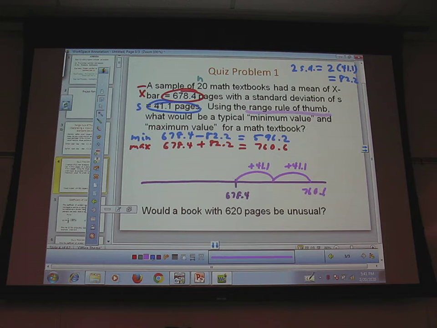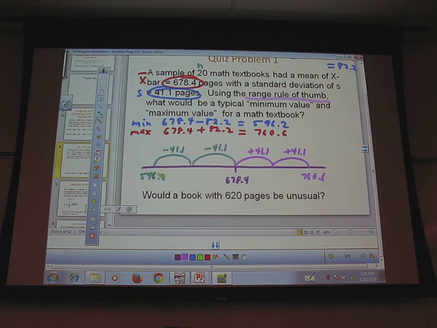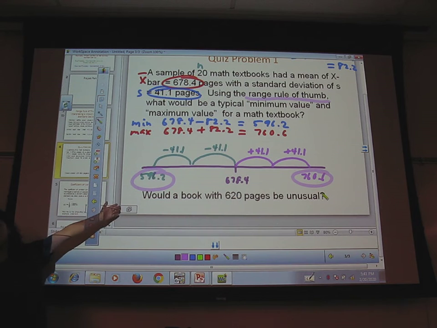Then you can go the other way, subtract 41.1, and subtract 41.1, and that would get you to 596.2. So either way you do it, these are my min and max usual values.